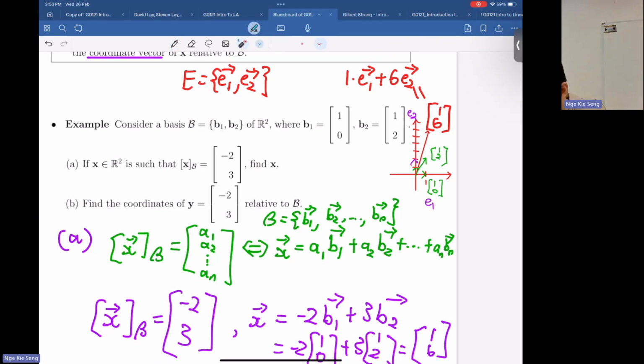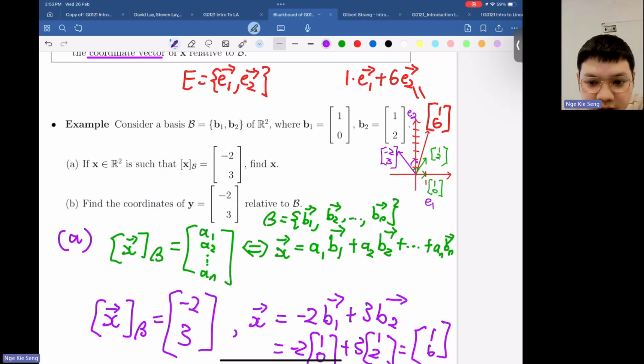Okay, let's do B. Find the coordinate of -2, 3 relative to B. Let's use this idea again. -2, 3, where is it? It's already on the negative side. -2, 3, here.